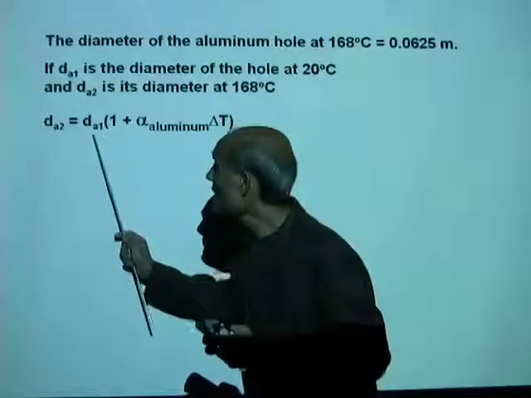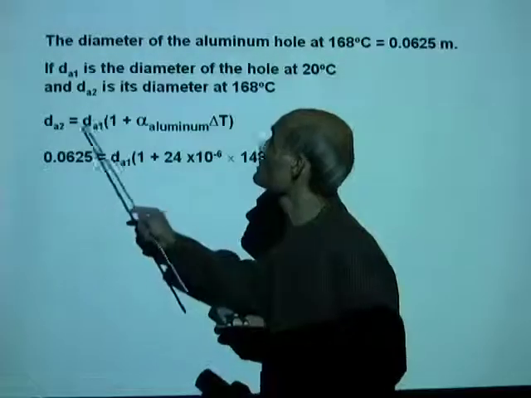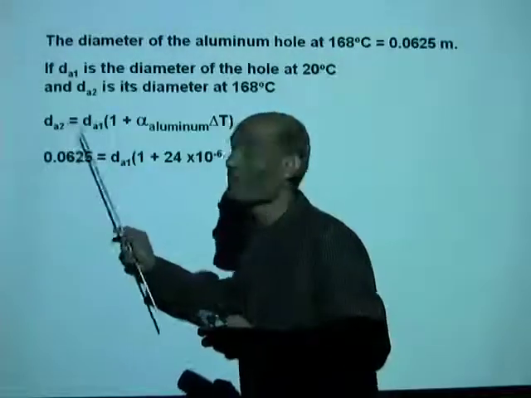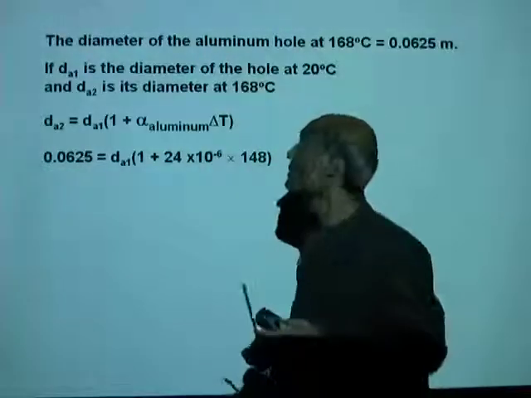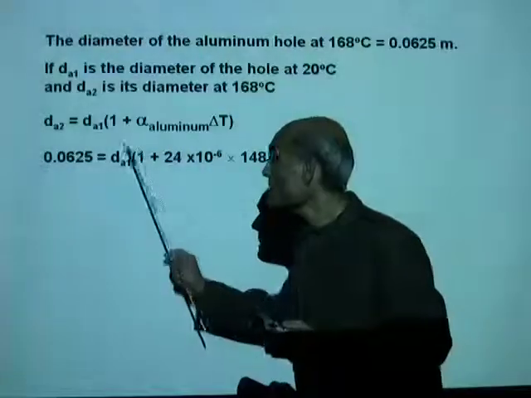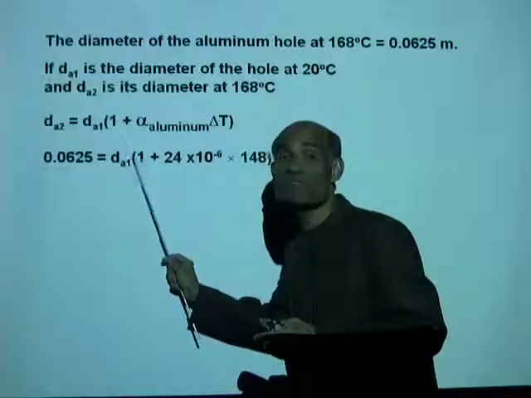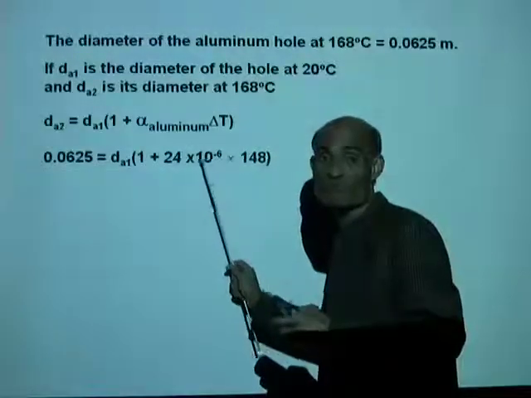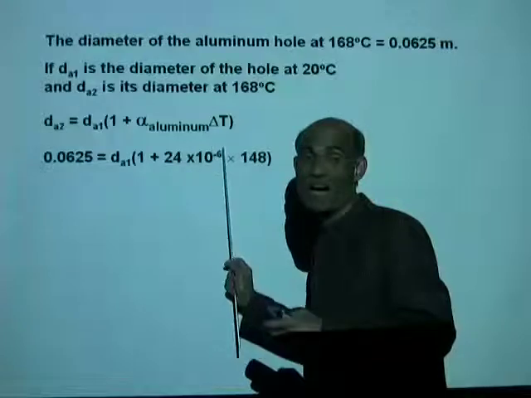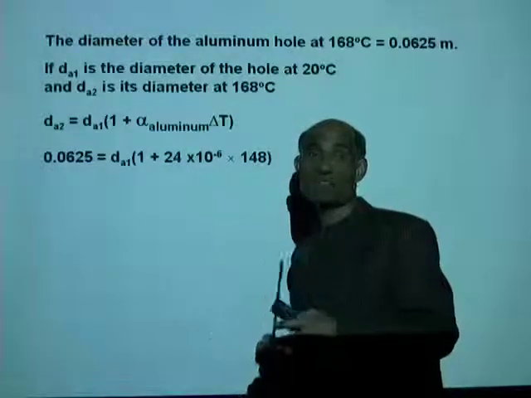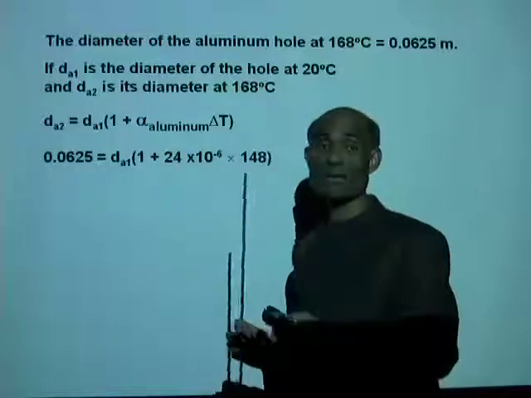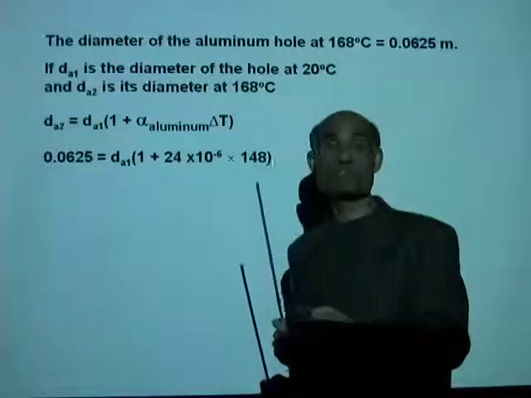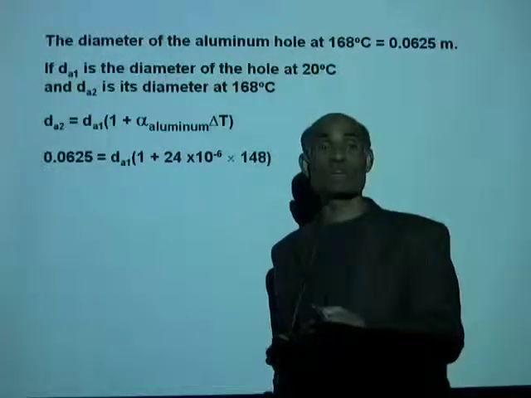We need to find dA1, so let's put down all the values. dA2 we know is 0.0625 meter. The alpha for aluminum is 24 times 10 to the negative 6 per Kelvin, and the change in temperature is 148 Kelvin.